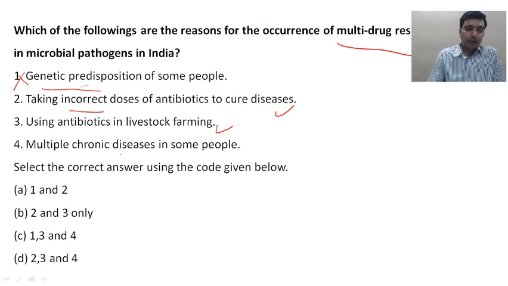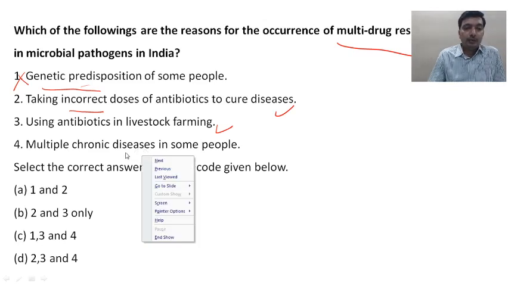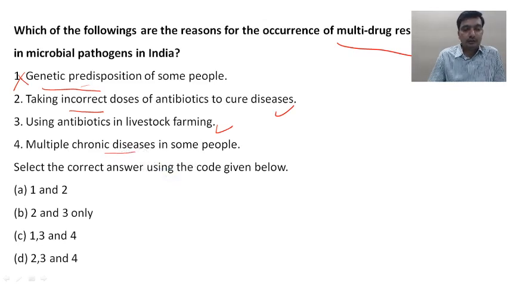And this is something you probably are not aware of: multiple chronic diseases in some people. Can they put people at risk for multi-drug resistance? Likely, because people who have multiple chronic diseases like diabetes, for example, or things related to blood pressure, heart related problems, this will put your immune system at a lower pace, and it probably is weaker.